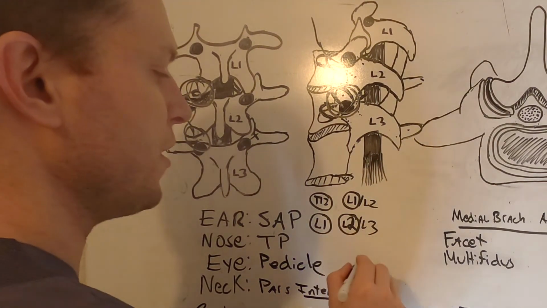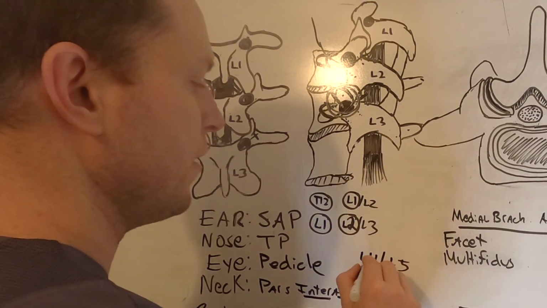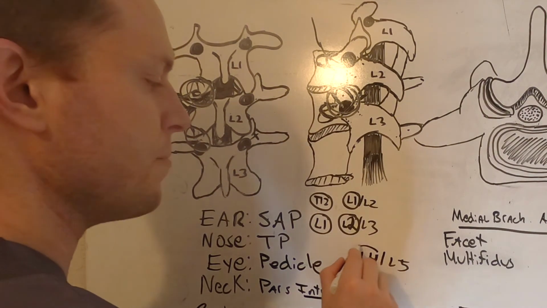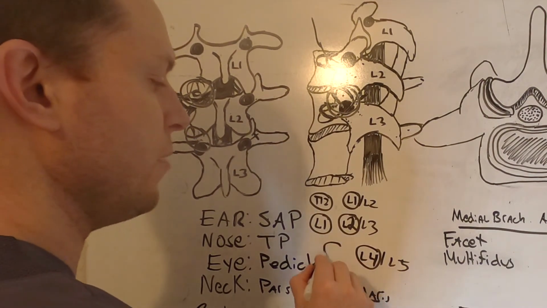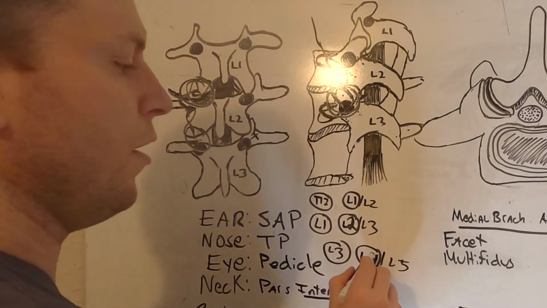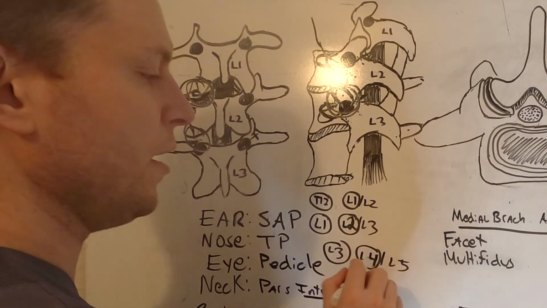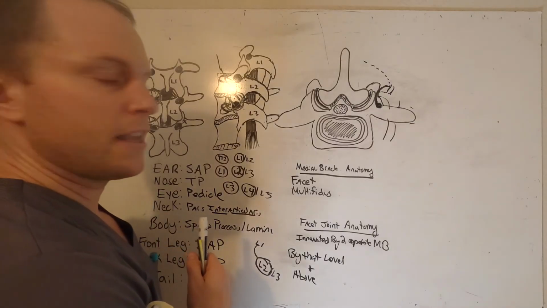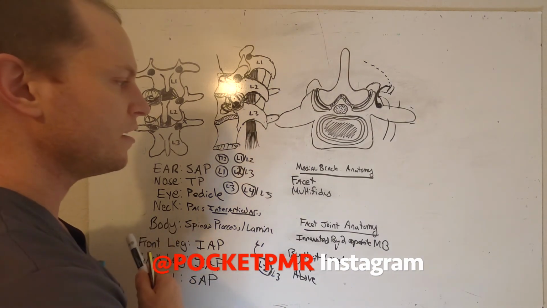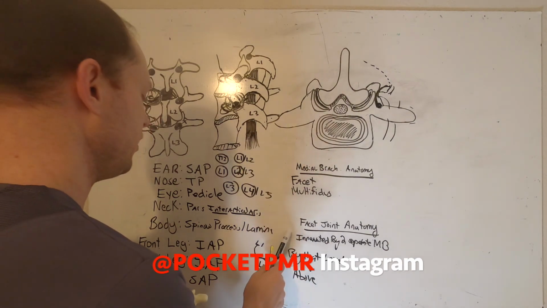So you always are going to block, let's say L4, L5, the number that's on top and the one above it. So always block the first number of the 2 that are making up that facet. That is a quick and dirty rundown of the Scotty Dog, the medial branch, and the facet joint.